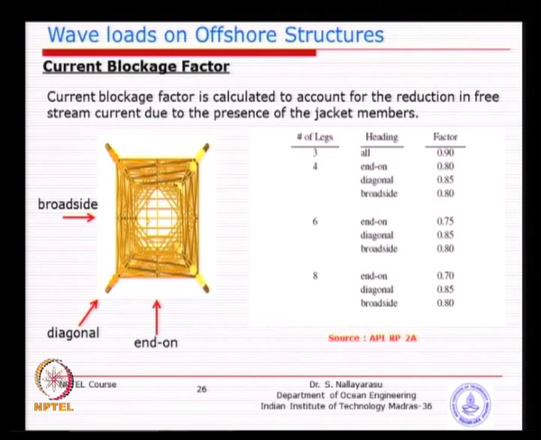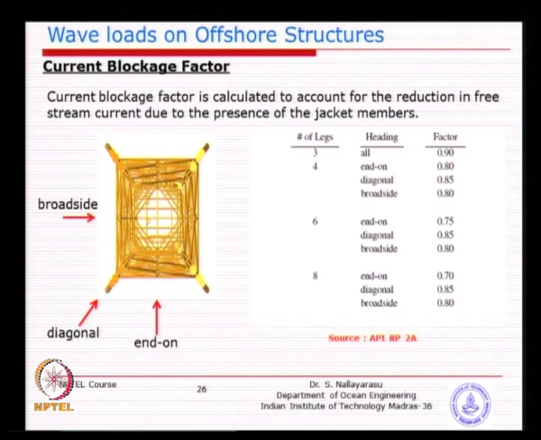Because of that effect, the loads on the individual elements could be lesser than what they are supposed to be if you have only one single element, because an assembly of structure is placed in the middle of the ocean. So, you will see that the reduction could possibly happen.